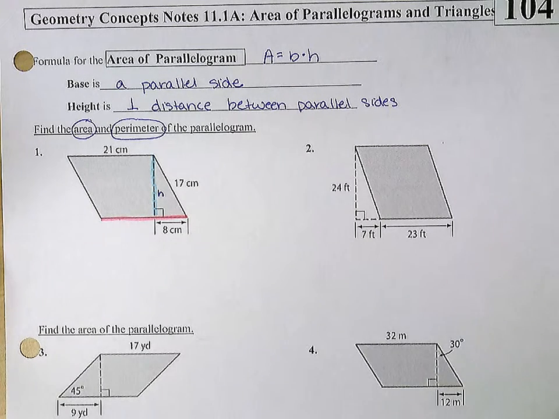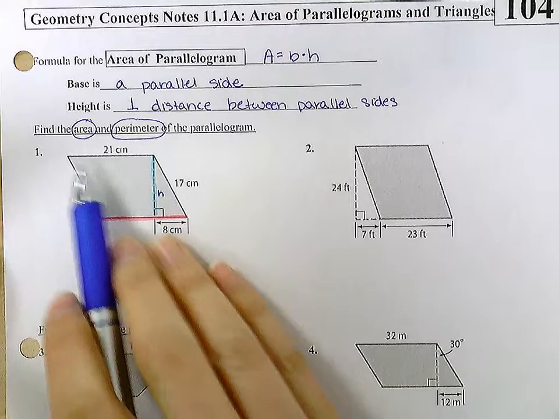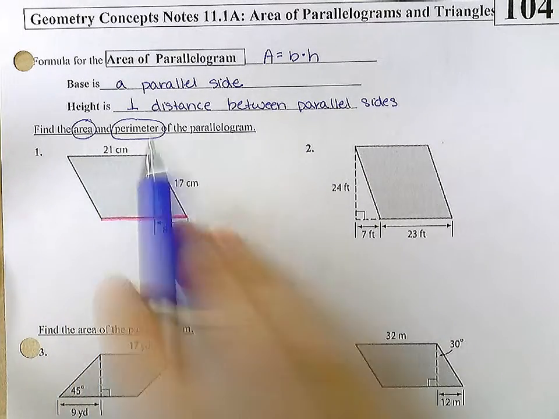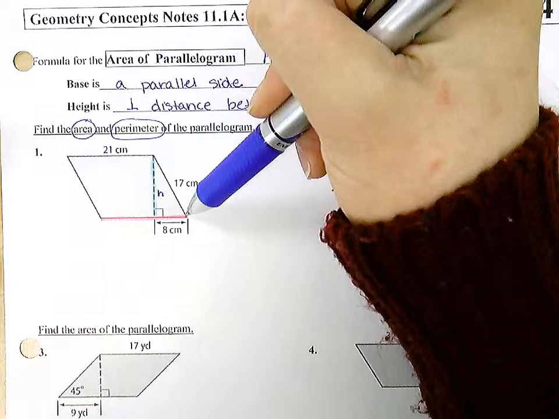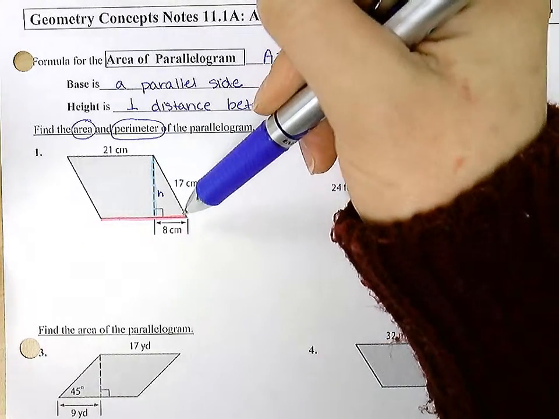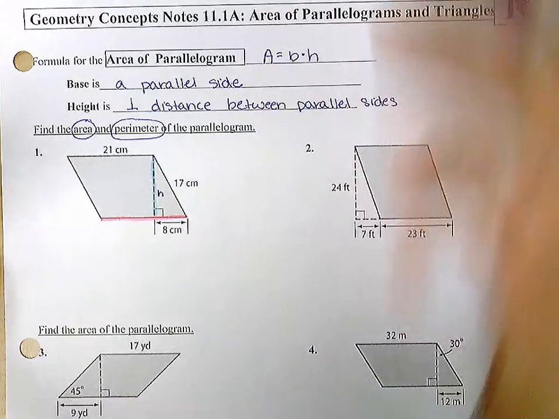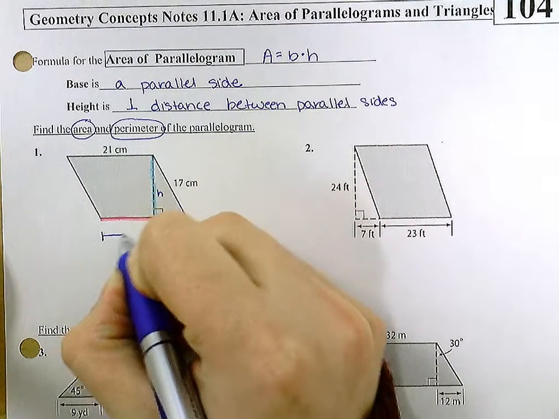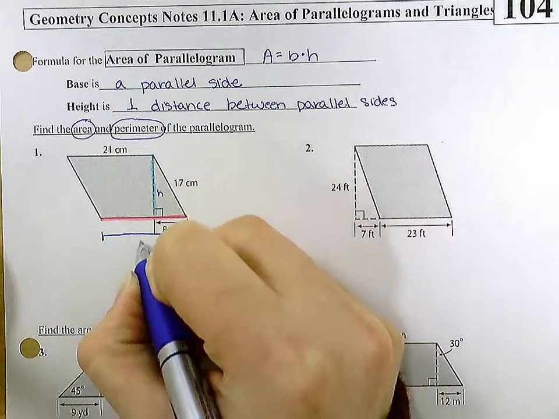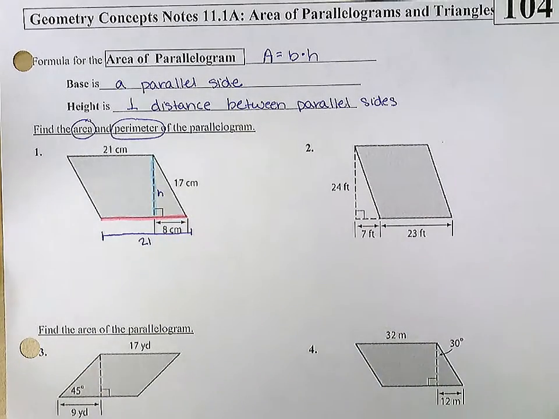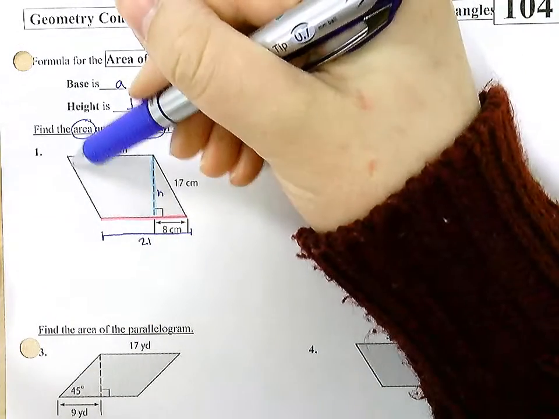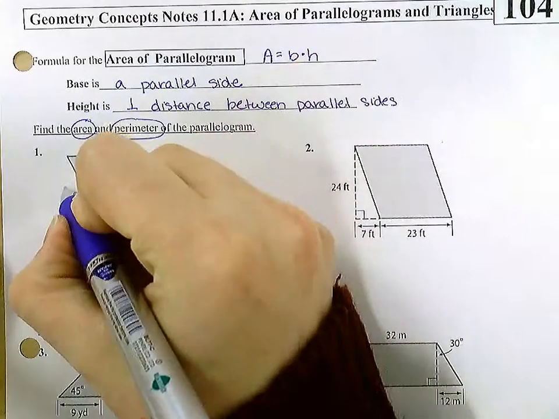So in my picture here, I have this side is 21 and this side is 17. Now since this is a parallelogram, what do you know about the opposite sides? They're the same. So this whole side here has to be 21. And this whole side here has to be 17.